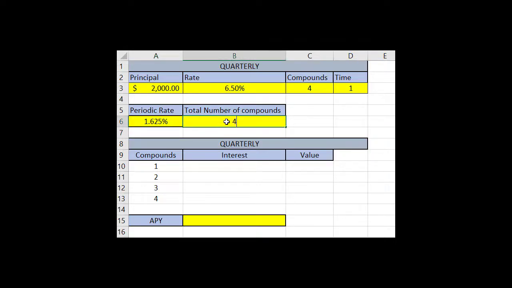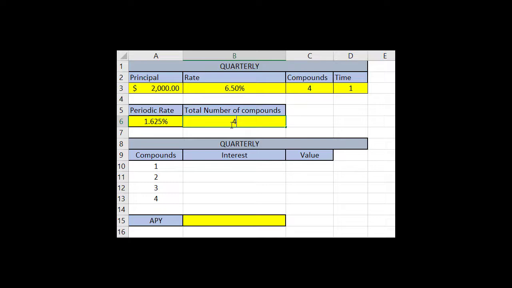The total compounds is just going to be 4 because we're only doing this for 1 year. All interest is calculated on 1 year. If I put 2 years in there, we'd get 8 total compounds. But we're not. We're just doing this for 1 year.